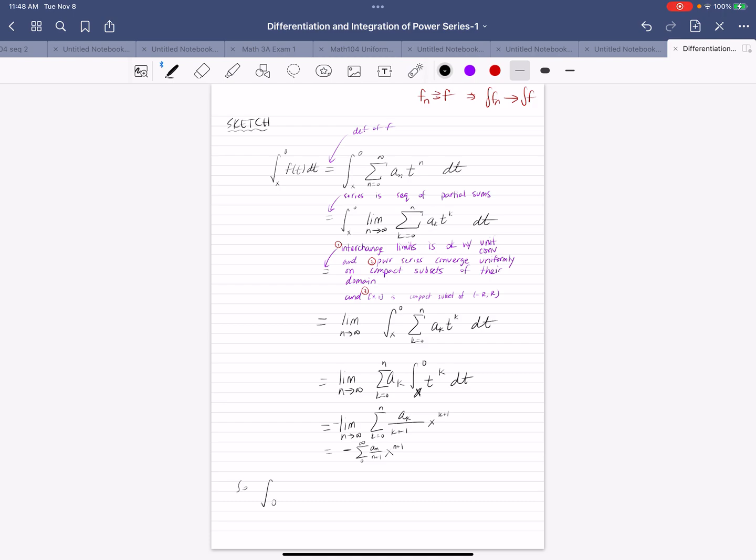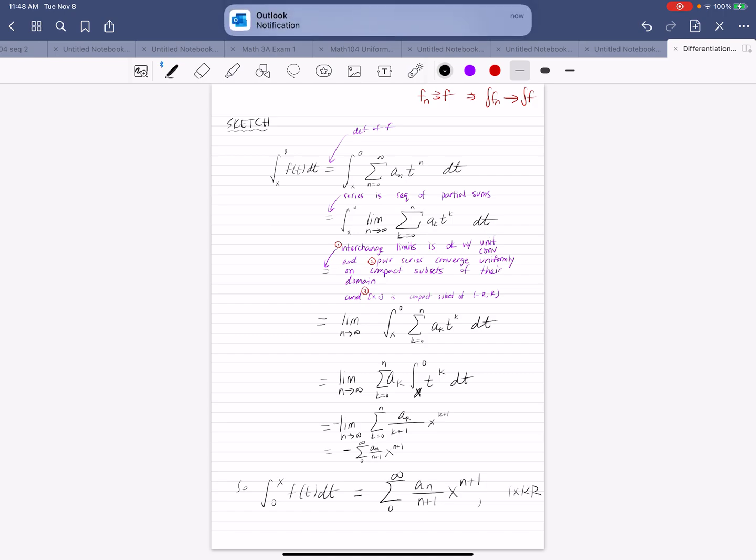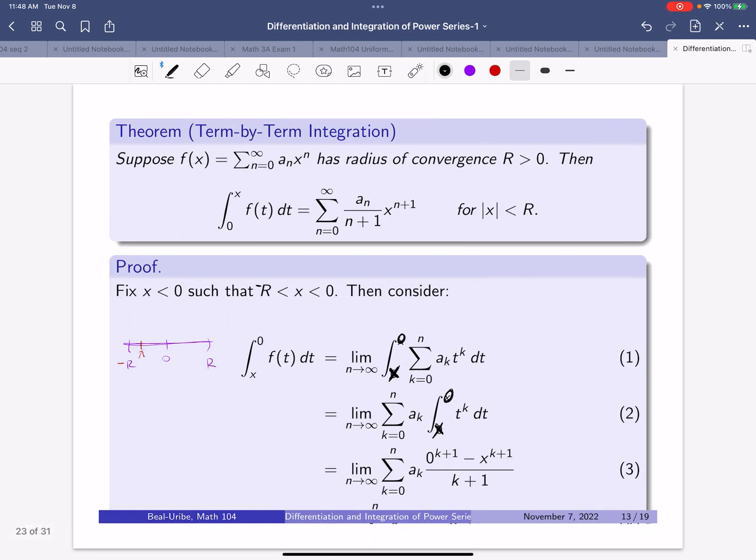So the integral from 0 to x of f of t dt is going to be the integral, minus whatever we got originally. And this is going to be valid on that same domain. Okay? All right. So that is that theorem right there.